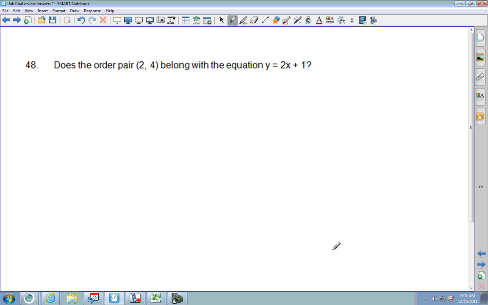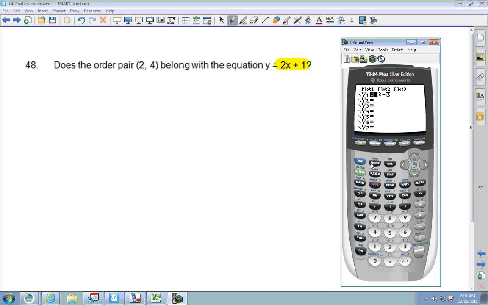The next one: does the ordered pair 2, 4 belong in the equation y equals 2x plus 1? Well, let's go into the calculator and put the rule into the calculator. So go up here and I'm going to put in there 2x plus 1. Press second graph.